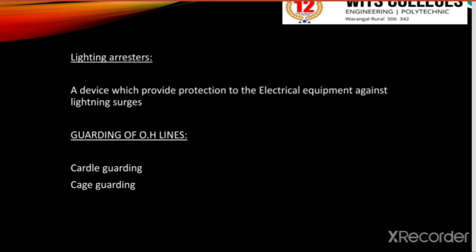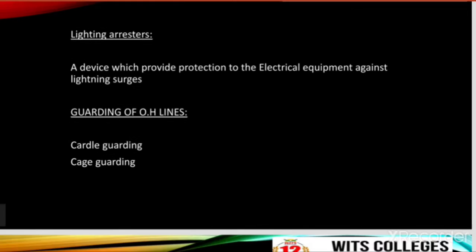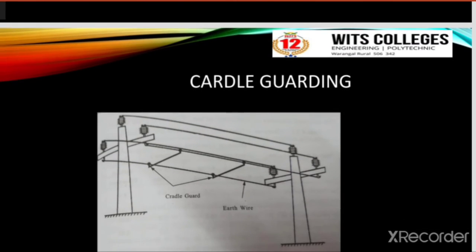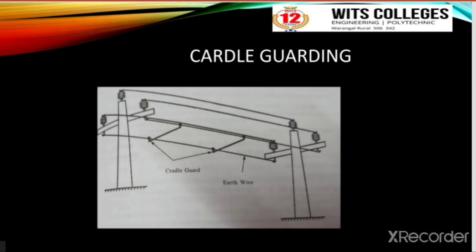Guarding in an overhead line is provided for the safety of line insulators, for the safety of life, installation and communication circuits. The guarding of 11 kV lines is provided at road crossing, canal crossing, railway crossing, and over low tension lines or communication lines.